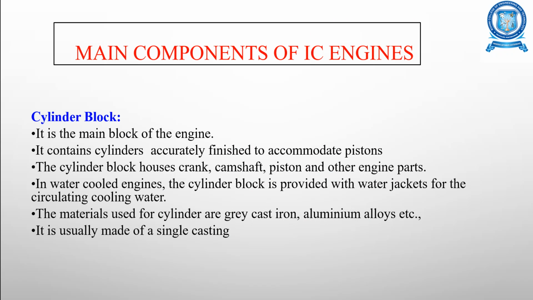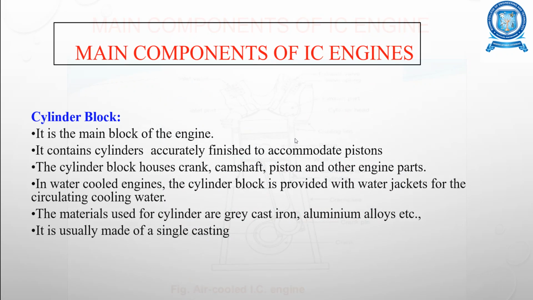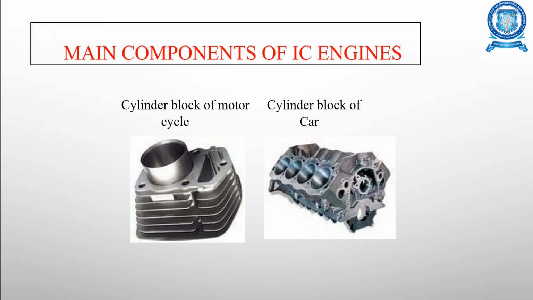Normally in water-cooled engines, the cylinder block is provided with water jackets for circulating cooling water, whereas in air-cooled engines you have cooling fins. The cylinder is mostly made of cast iron, aluminum alloys, etc., and usually made of a single casting. This is the cylinder block for a motorcycle, and this is the cylinder block of a car.